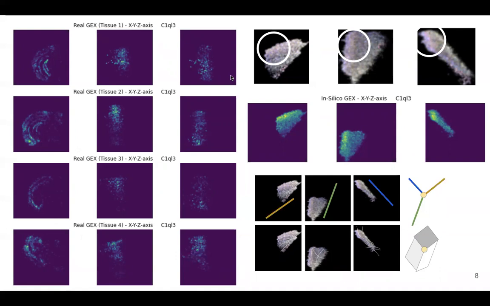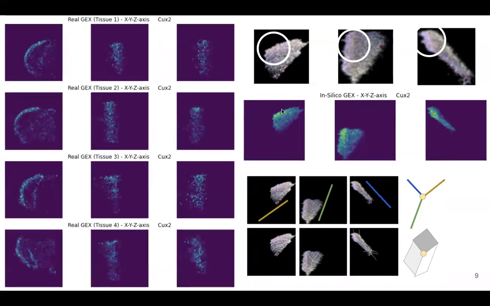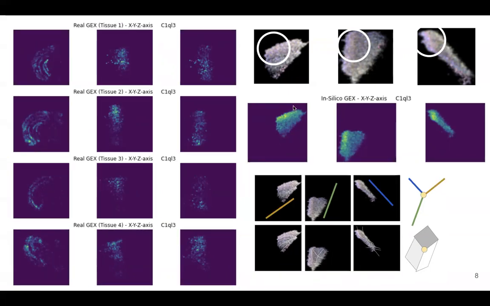And then on the right, we have the predicted spatially arranged single cell RNA-seq on the top, where the colors are the predicted pixels or images of the spatial transcriptomic. And the circles essentially highlight the gene expression of the cells that we predict. Sorry, I'll go back to the first slide.